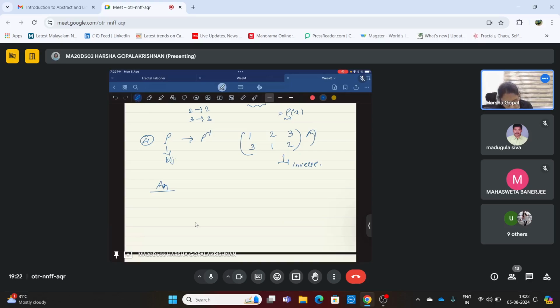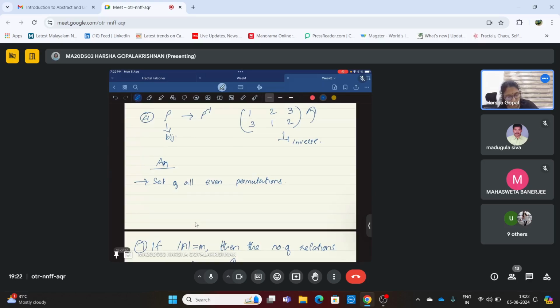An means the set of all even permutations. In Sn we got all the permutations. Out of those permutations we collect all the even permutations to get the group An. I am not going to explain much on this group An.